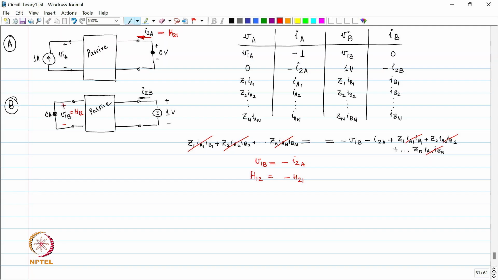Here we are declaring the network is passive, and it will always work, but even if you had minus 5 ohms in the network, it would have worked. H21 would still be equal to minus H12. So, it is actually broader than passive. The conclusion is more than passive.